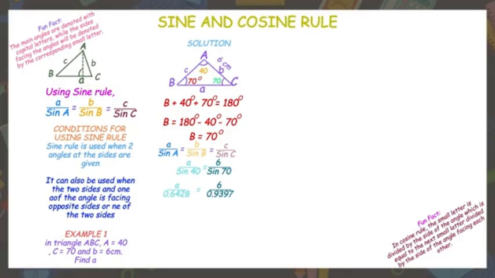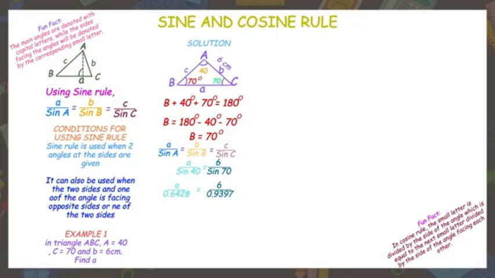We are going to have A over sine 40, which is equal to 6 over sine 70 degree. And what is sine 40? That will be A over 0.6428, which is equal to 6 over 0.9397. 0.6428 and 0.9397 are therefore sine 40 and sine 70 respectively.